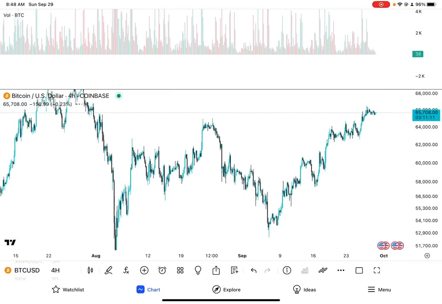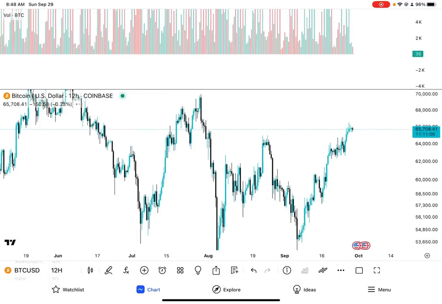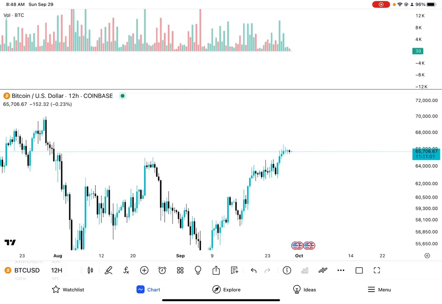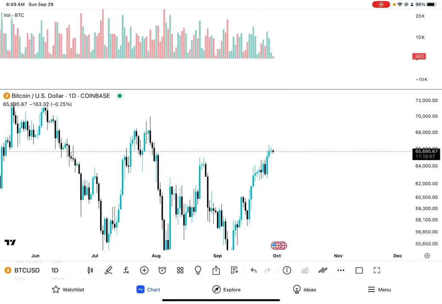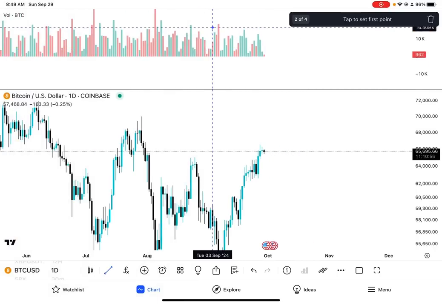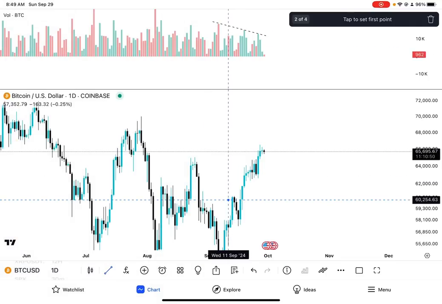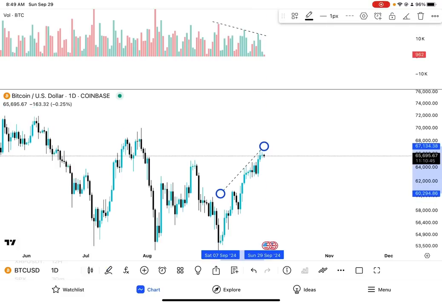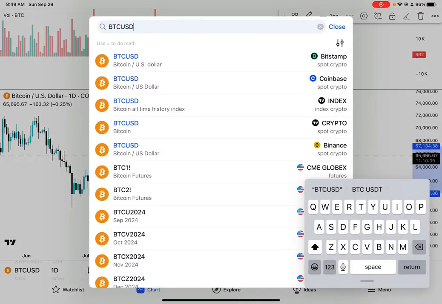Okay, so you see how we advanced here on declining volume? If we look here on the daily, the volume is declining, you see? Declining volume, even though we're advancing towards resistance. Okay, so the price is advancing higher even though the volume is declining. So just something to be mindful of going forward.